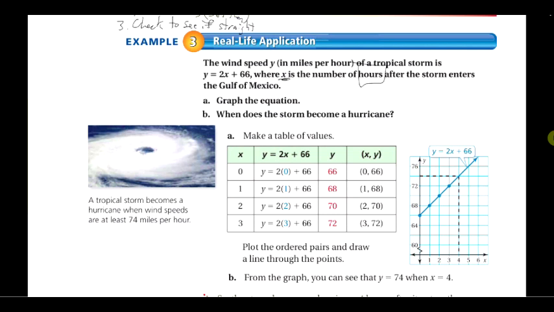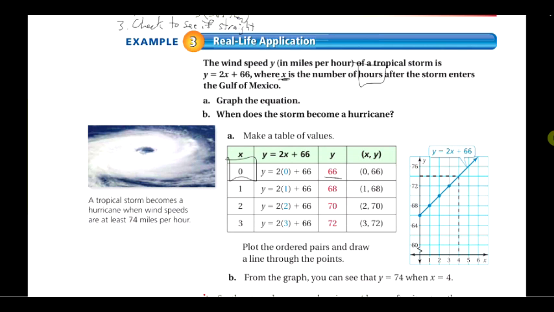So what they do first is graph the equation so we can start plotting our data. And we think to ourselves, what a crazy world that when you have a tropical storm, it grows like this. They started out, of course, after no time has passed. What is the wind speed? If you plug in 0 for x, the wind speed equals 66 miles an hour.